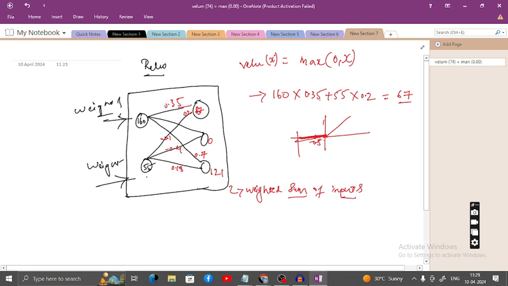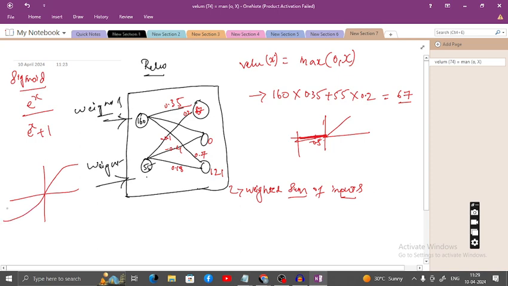Similarly, you have one more activation function, sigmoid. What is the formula for sigmoid? e power x divided by e power x plus 1, or 1 plus e power minus x. If you plot it and give the inputs, it will be plotted something like this.